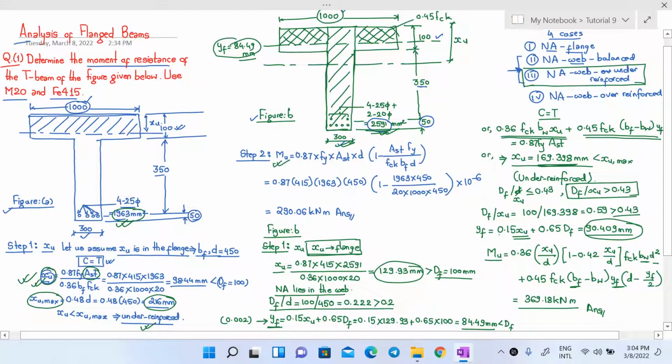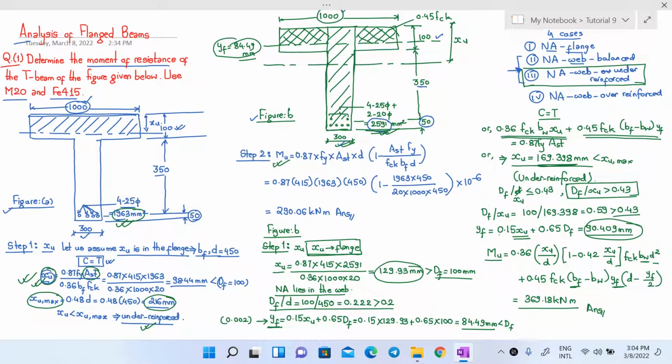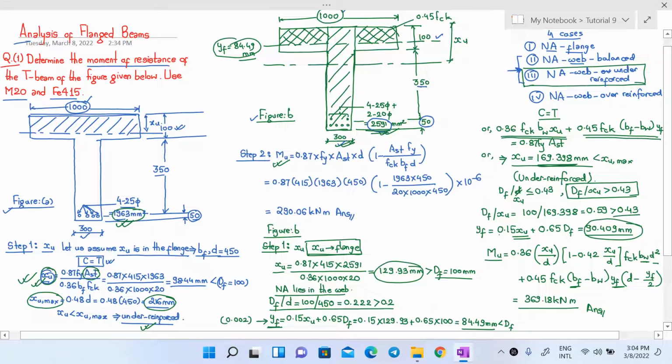We found that our T-beam was an under-reinforced beam, and then we used the formula to determine the moment of resistance. In our second case, we found that our neutral axis did not lie in the flange, instead it lies in the web. We first assumed that the neutral axis lies in the flange and determined that depth, but it came out to be greater than the depth of our flange, so it was ascertained that the neutral axis lied in the web.